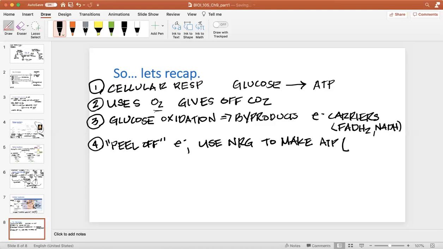And remember that that process happens in the electron transport chain, okay? And I think that's it. Those are the main points that I want you to have.